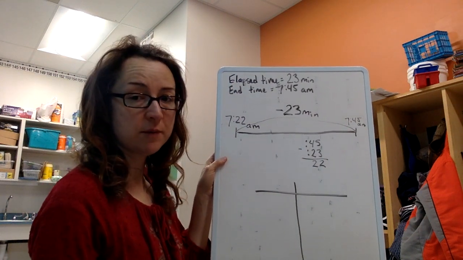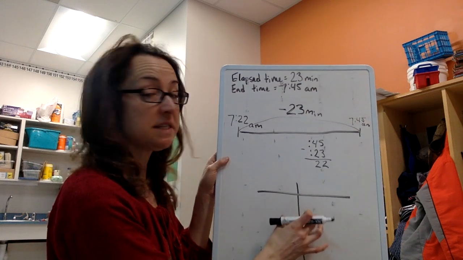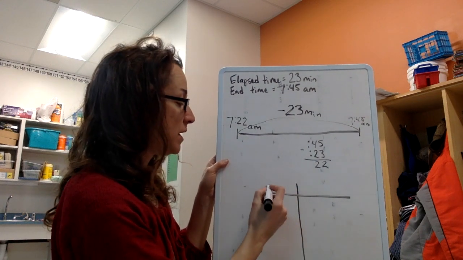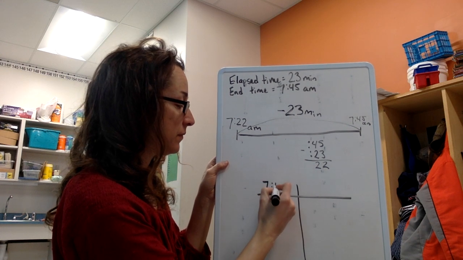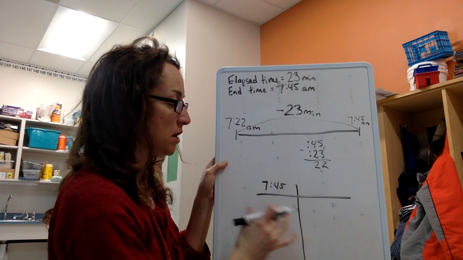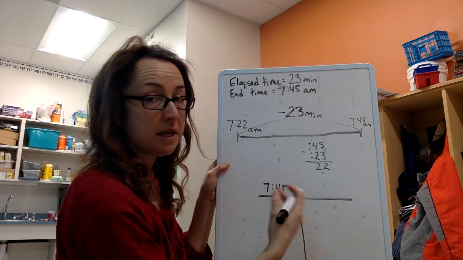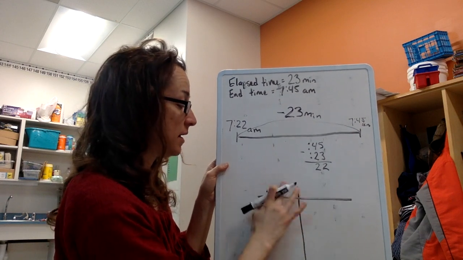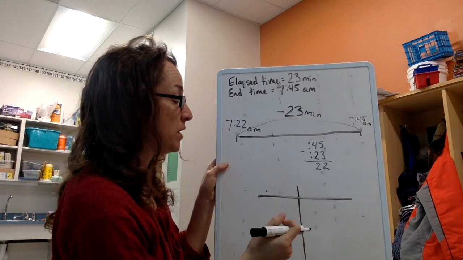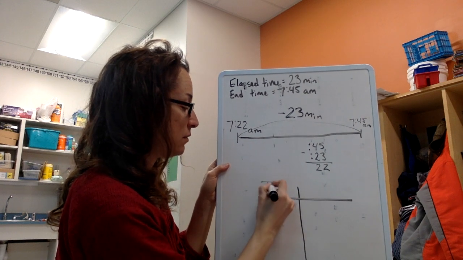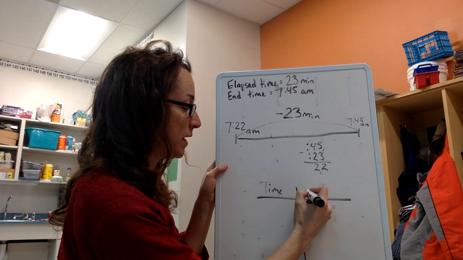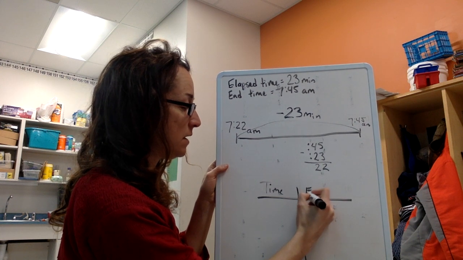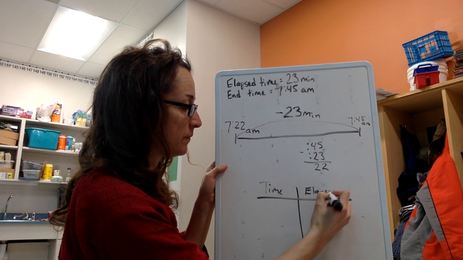Now I'm going to use my T-chart. In this case, I'm going to put 7:45. My elapsed time is 23 minutes. So let me redo this. This is my time, and this is going to be my elapsed.